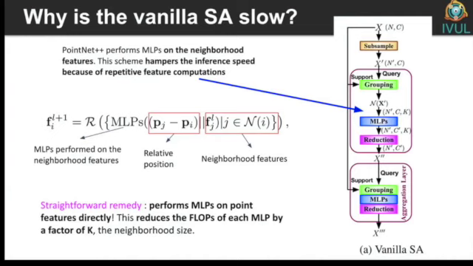That means PointNet++ performs MLPs on the neighborhood features. The neighborhood features are of size n×c×k, which is k times bigger than the point features, whose size is n×c. So the straightforward remedy is, can we perform MLPs on the point features directly? This reduces the FLOPs of each MLP by a factor of k. K is the neighborhood size.